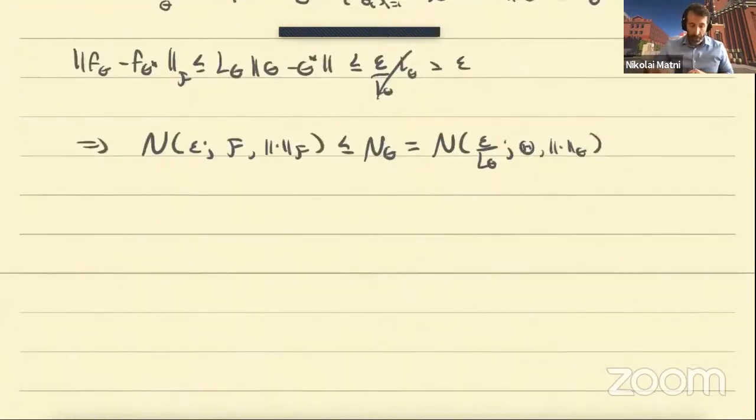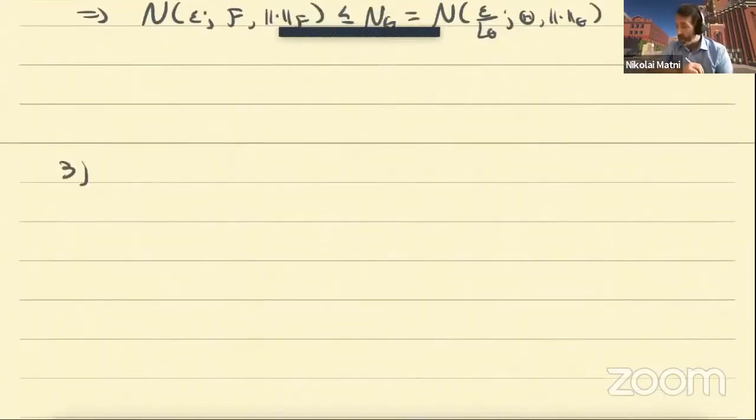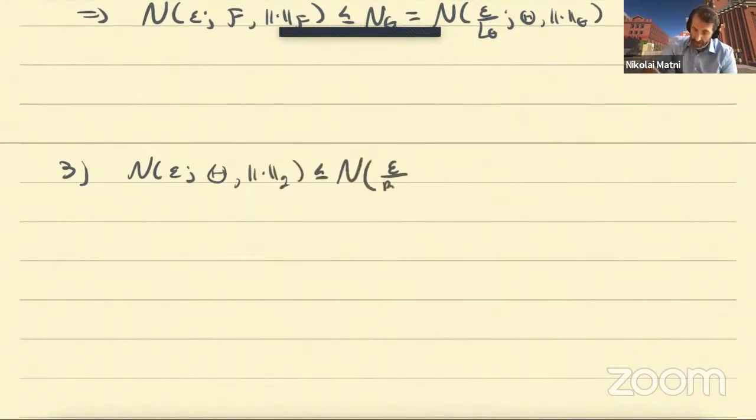There's another property that we're going to need, and this corresponds to how covering numbers are affected under rescaling. We looked at what happens to covering numbers when we feed a set through a Lipschitz map. What we're going to look at now is what happens if you rescale things. So what we're going to show is that the covering number of some set in the Euclidean norm is less than or equal to a rescaled version of the covering number of the Euclidean ball.